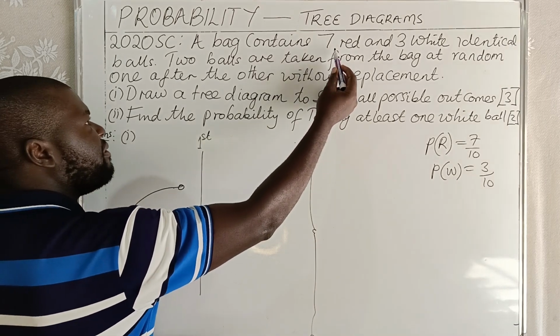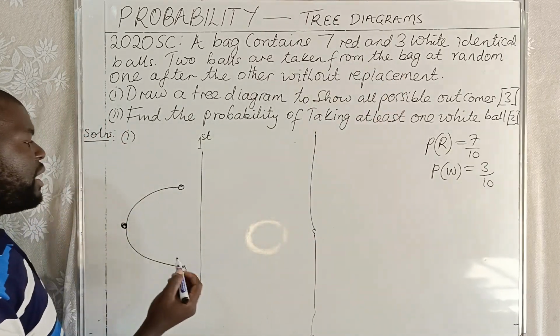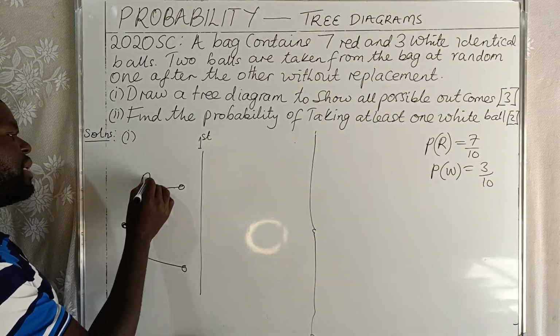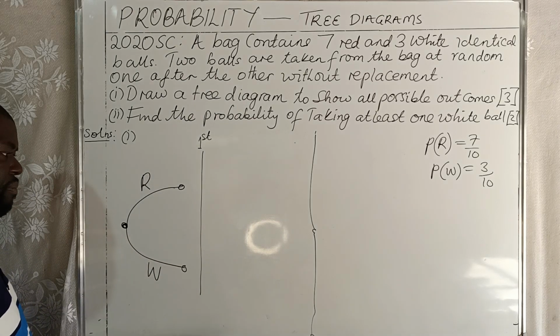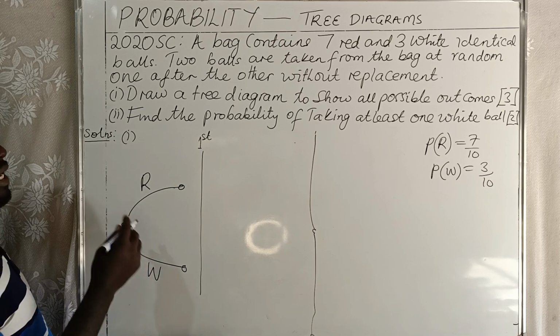We are going to follow this order. We are told that 7 are red and 3 are white, so one of the branches will represent red, the other one white.